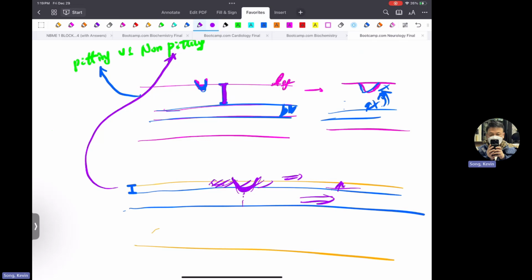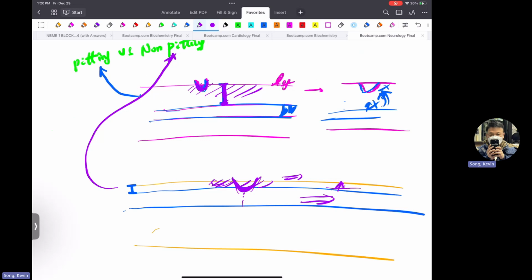So where is the edema, the fluid accumulation? Fluid accumulated mostly outside the vessel, and the blood vessel is very far away. Then that's going to be pitting edema.